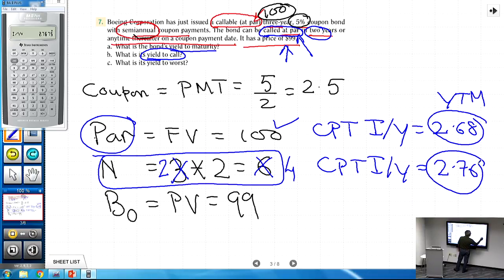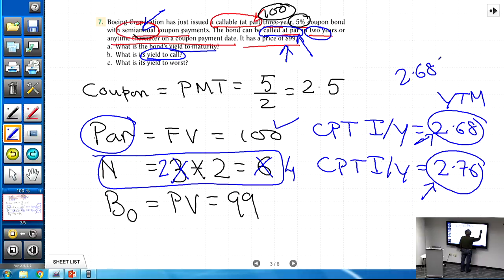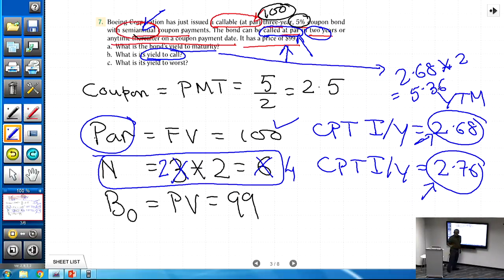Now this 2.76 and 2.68 both are semi-annual because I'm calculating everything in semi-annual terms. So to get the annual yield, in the first example the yield to maturity would be 2.68 times 2, which would be 5.36, and this would be 2.76 times 2, so the yield to call would be 5.54.